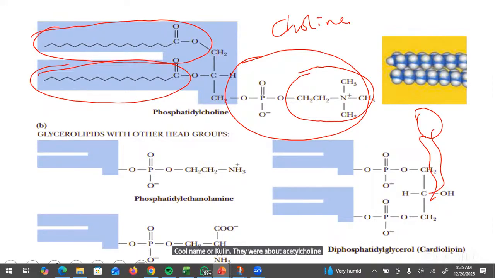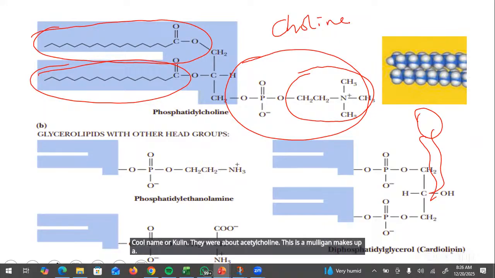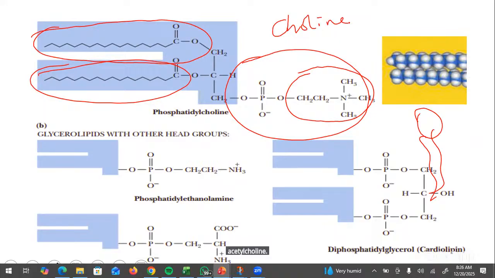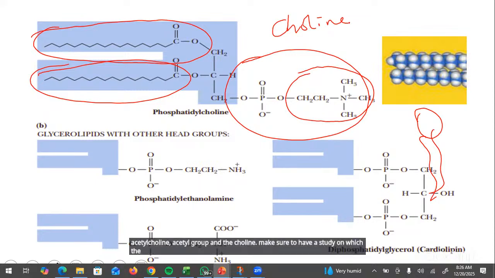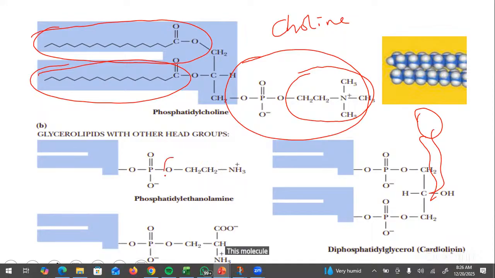This is the molecule that makes up acetylcholine: the acetyl group and the choline make up acetylcholine, which is a neurotransmitter. This molecule you're seeing here is another alcohol called ethanolamine. It's an alcohol, so it has an OH group.